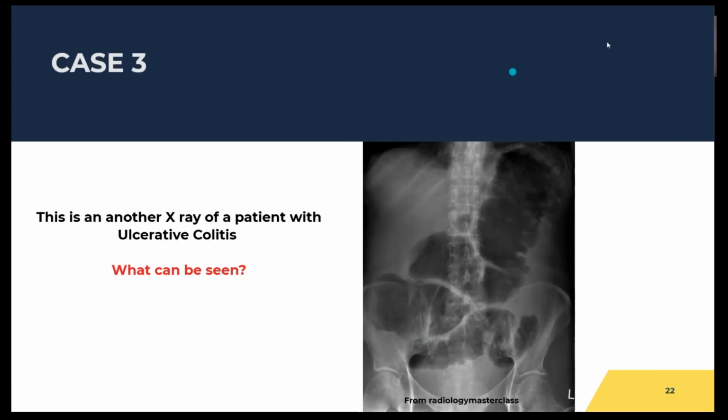Okay, so this is another X-ray of a patient with UC. So what can be seen here?